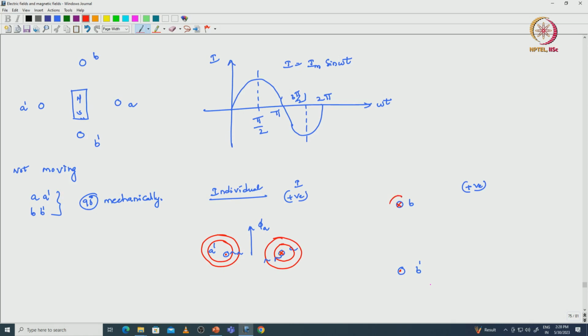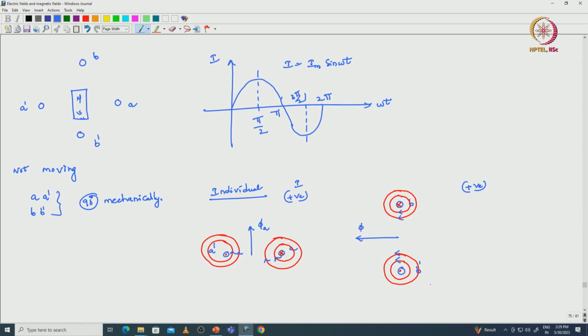The flux loops with respect to B, that is the cross, and with respect to the dot, we will see. With respect to the cross the flux loop direction, the magnetic field direction, is clockwise, and for the dot it is anti-clockwise, that is in this direction.